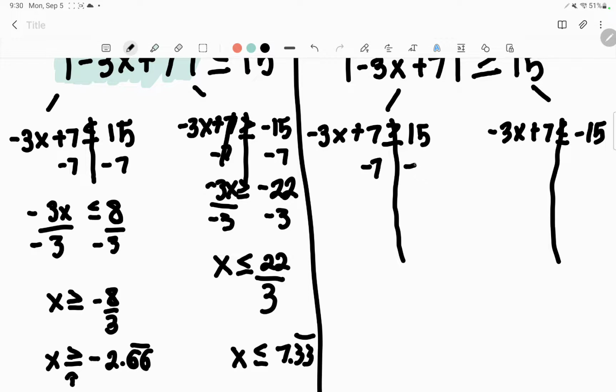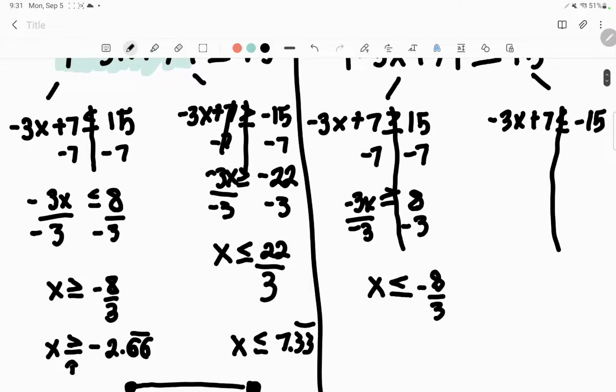I just want you guys to see the differences here. It's going to be greater than, then divide by 3. Going to go ahead and divide both sides by 3. And I'm going to have x is less than or equal to negative 8 over 3.